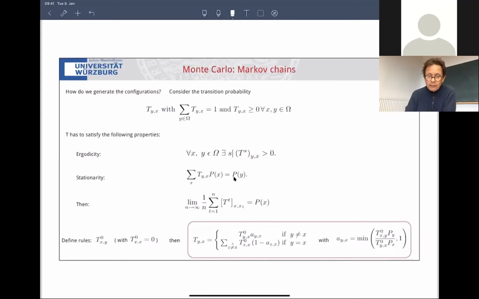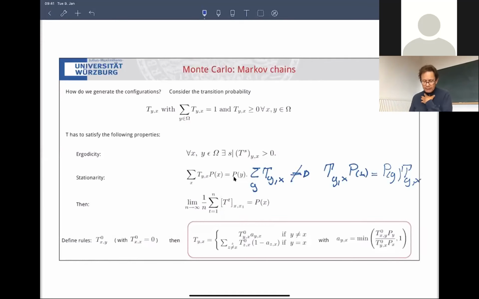You actually don't need detailed balance. Detailed balance would be something like this. Let me put in a unity here. So if I put in the sum of all the y's and then t of y x, because this is a normalized matrix, this is only a 1. From this does not follow the detailed balance condition, basically t of x y, p of x is equal to p of y, t of y x, right?